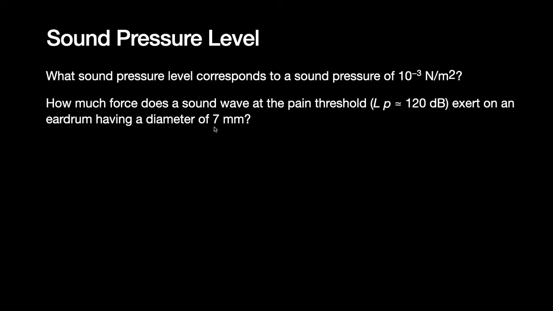So figure out how little or how more is your force. Devesh, I did not get 7.7. My answer is slightly different. 20 Newton per meter square is what I got. 20 into pi into 3.5 into 10 power minus 3 whole square. So my answer turns out to be 1.5 millinewton.